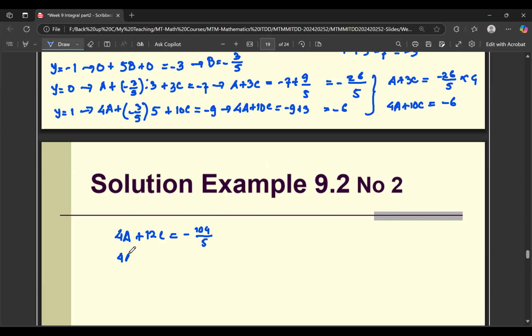Then this is for A, 10C, this is minus 6.